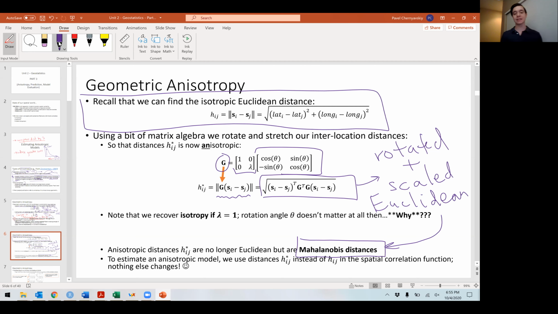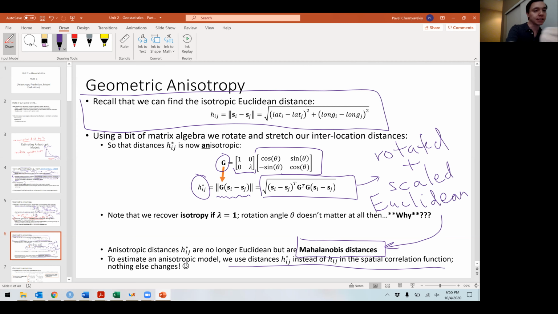When we take Euclidean distances and then we rotate and scale them, they comprise Mahalanobis distances. And I'm using H star to denote them. These distances simply get put into our usual correlation functions, which then make up the variance covariances of our multivariate normals, and likelihood-based estimation proceeds as we've shown about 2 videos ago.